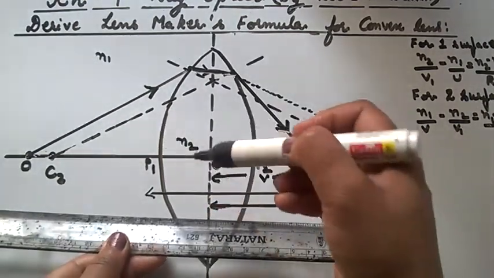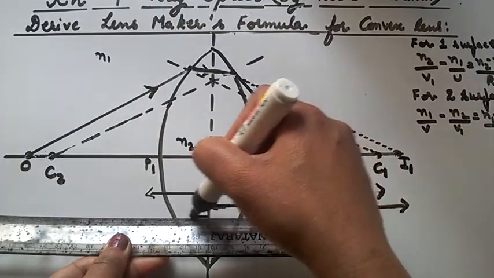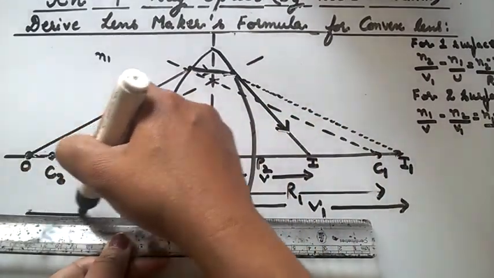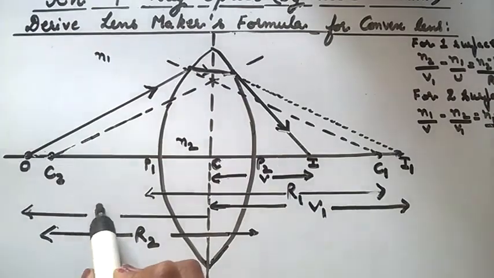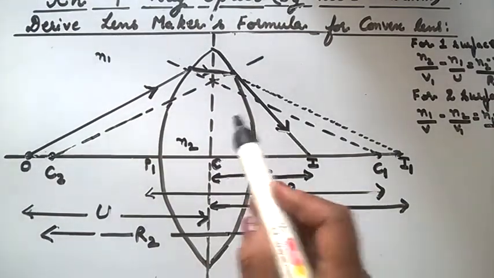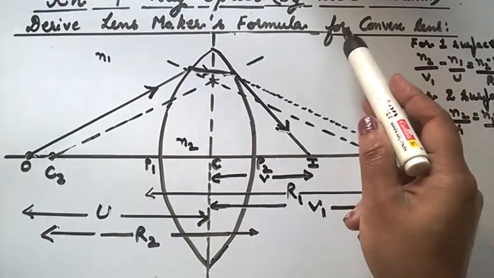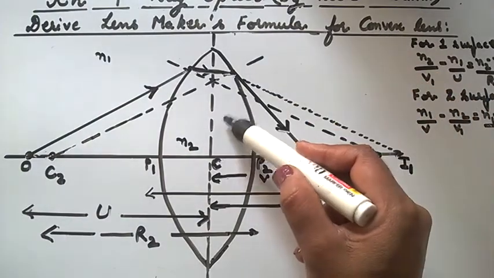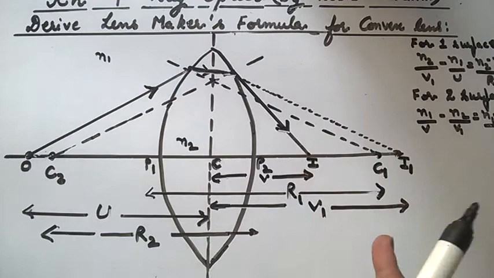From the object to the optical center, the object distance is U. In order to derive this formula for a convex lens, directly draw this ray diagram in board exams.